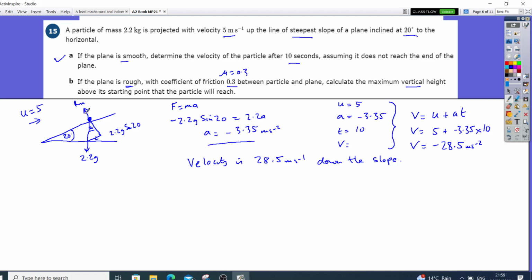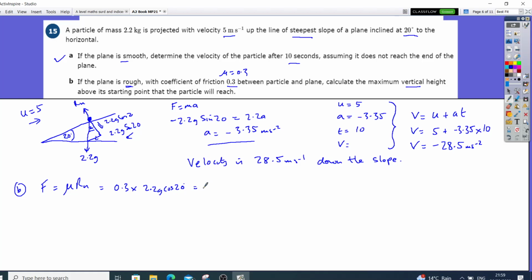Right, so let's first of all work out friction. For part B, we know that friction at its maximum is equal to mu times Rn, and in this case mu is 0.3, times Rn, which is 2.2 g cos 20 degrees.